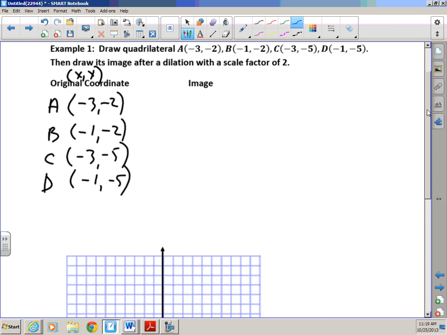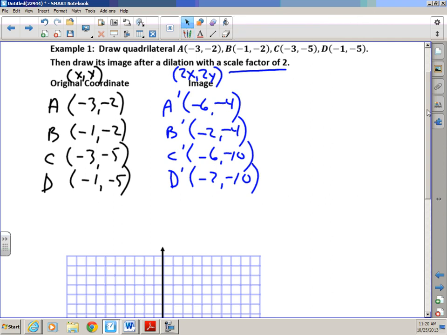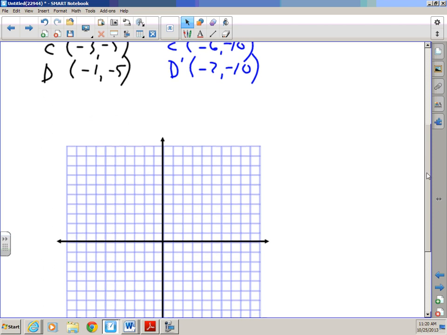If the scale factor is 2, I'm going to double each coordinate. So A prime is (-6, -4), B prime is (-2, -4), C prime is (-6, -10), and D prime is (-2, -10). This is the only way to do this dilation. I can't count spaces like I did before.